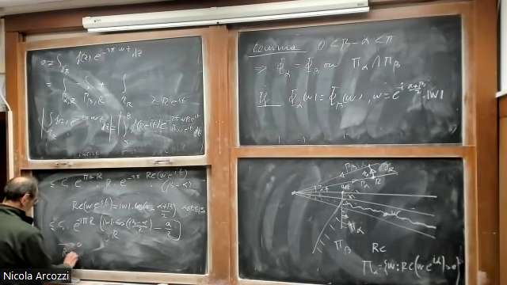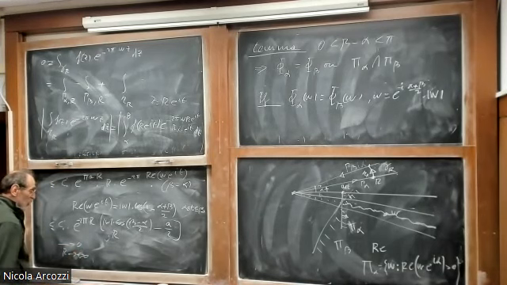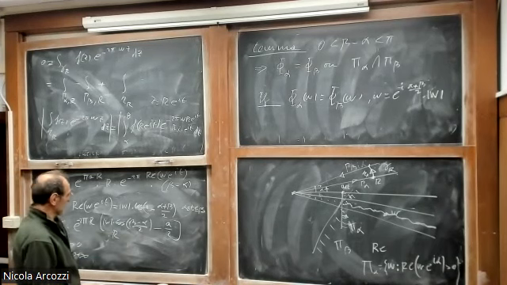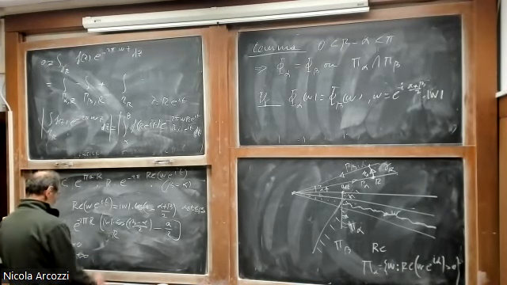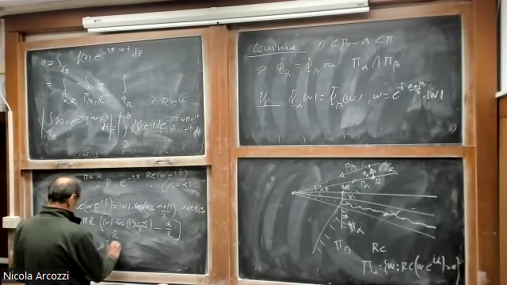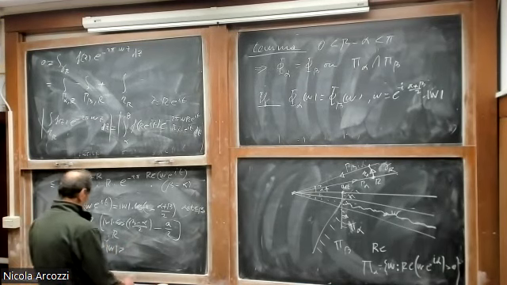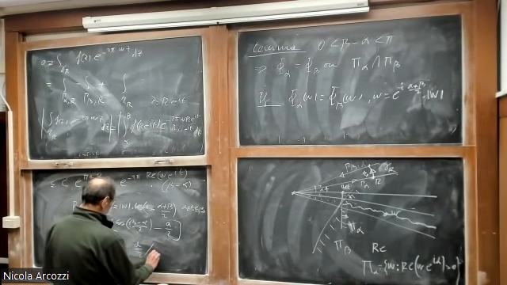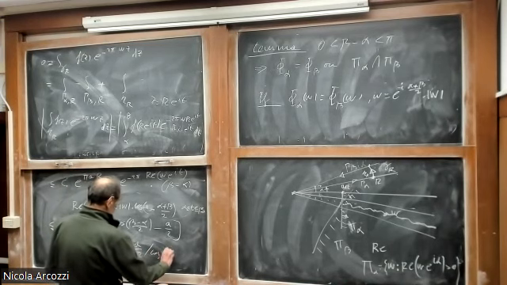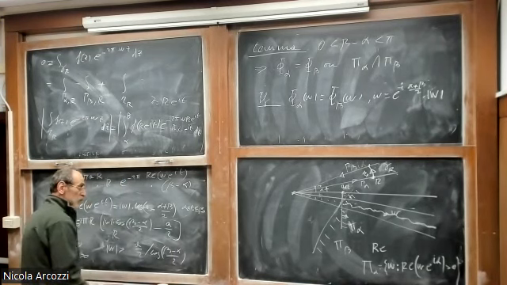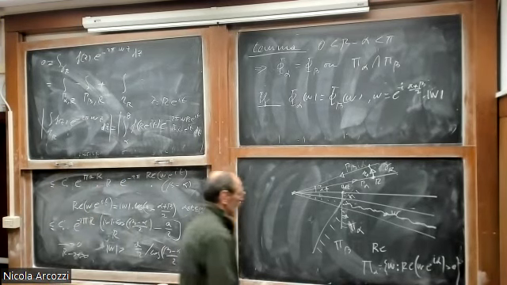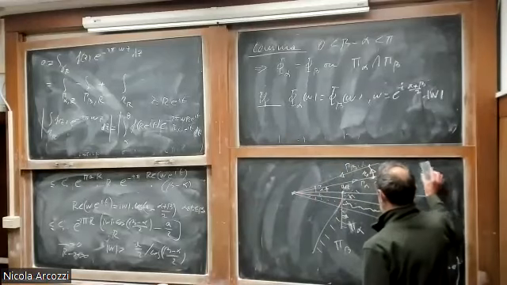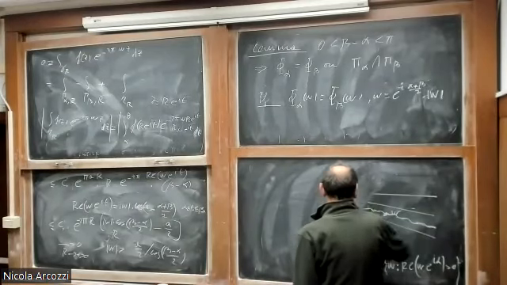Anyhow, this goes to 0 as R goes to infinity, provided that this number is positive, so provided that modulus W is bigger than a over 2 cosine of the angle, which, by the way, is what we expect in this picture.